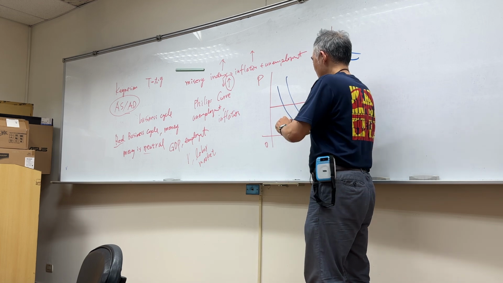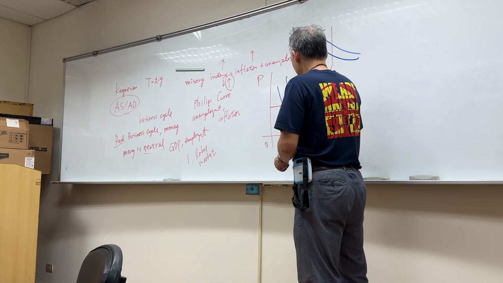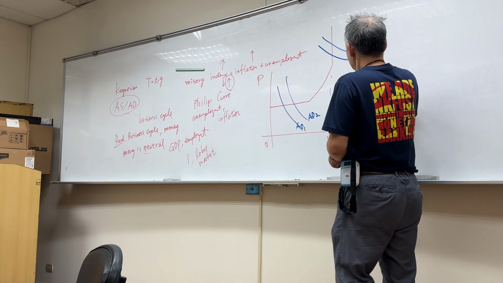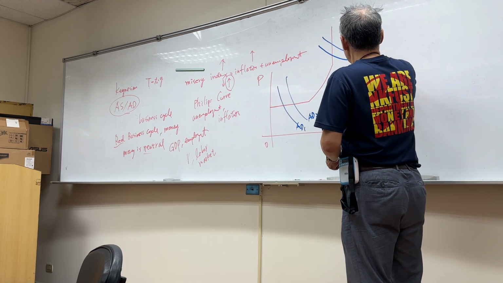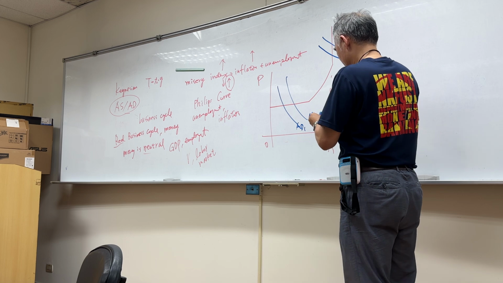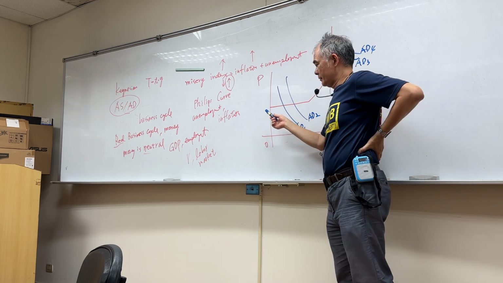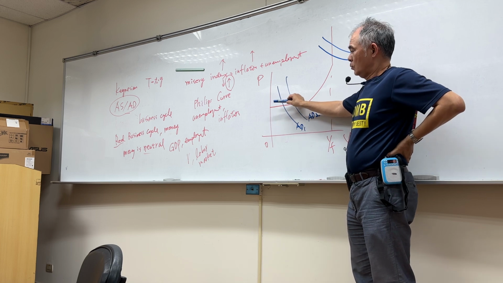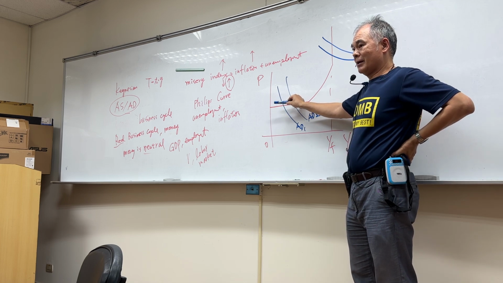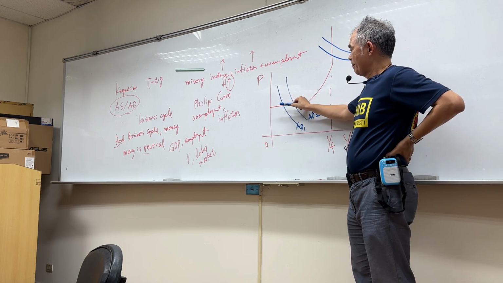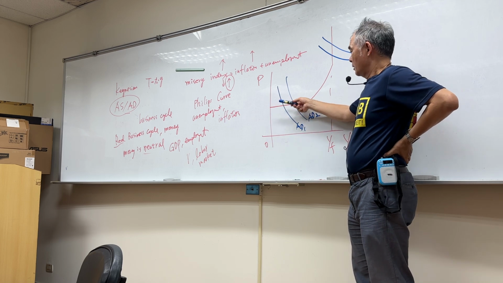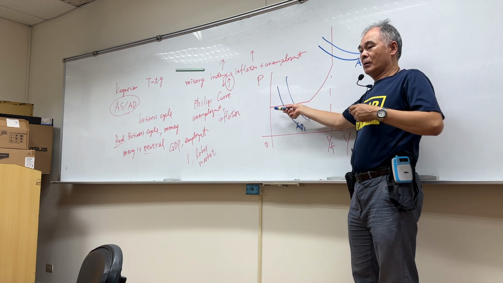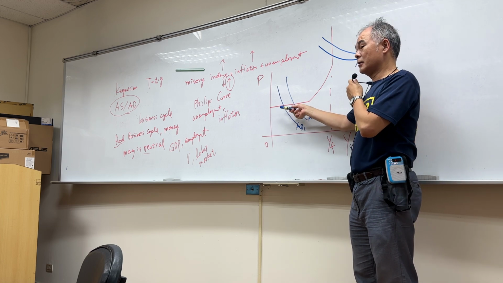So if this is aggregate demand 1, aggregate demand 2, aggregate demand 3, aggregate demand 4, just like when the economy is at the Great Recession, or Great Depression, whatever it is, there are a lot of people unemployed.